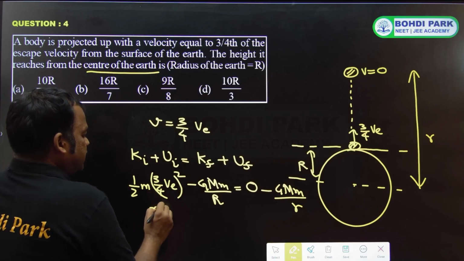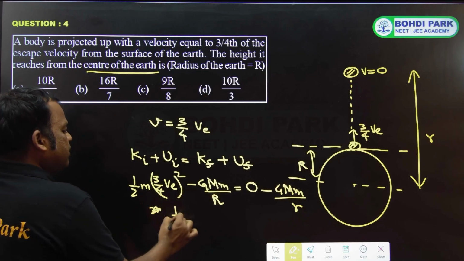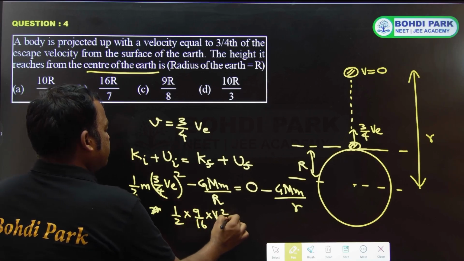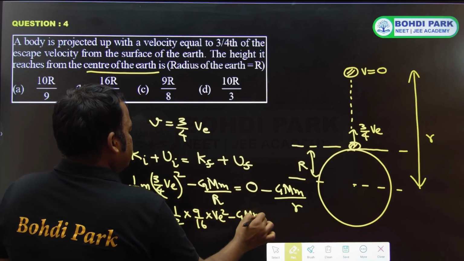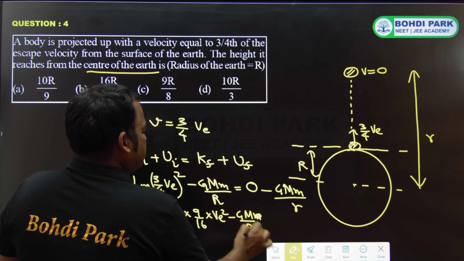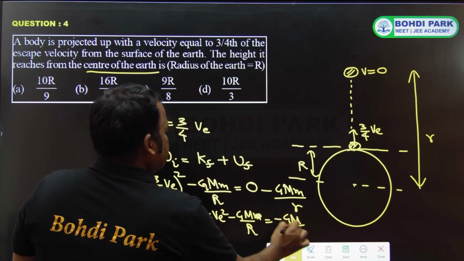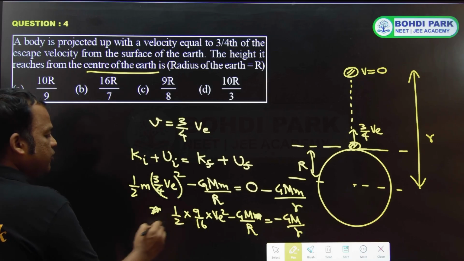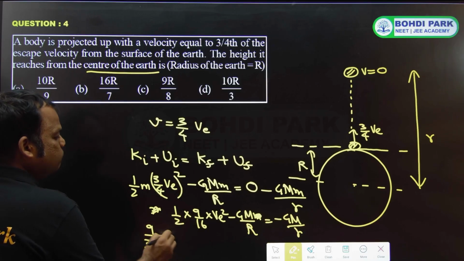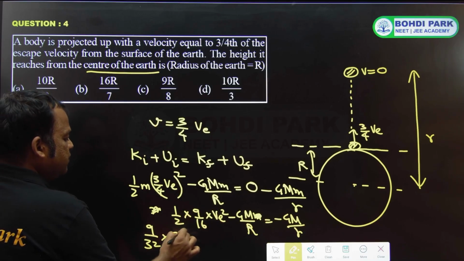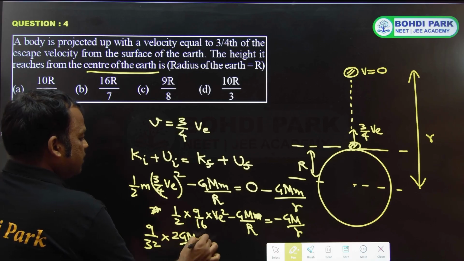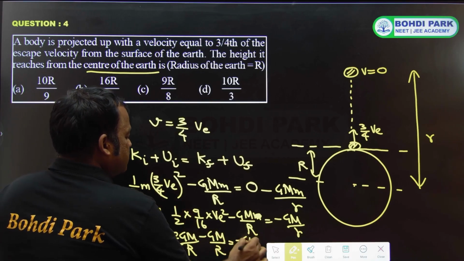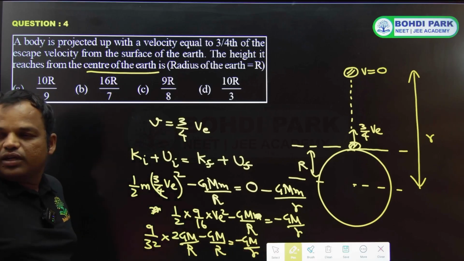So m is cancelled. So we have 1 by 2 into 9 by 16 into VE square minus GM by R is equal to minus GM by small r. So now substitute the value of VE square, which is 2GM by R, then minus GM by R is equal to minus GM by small r.